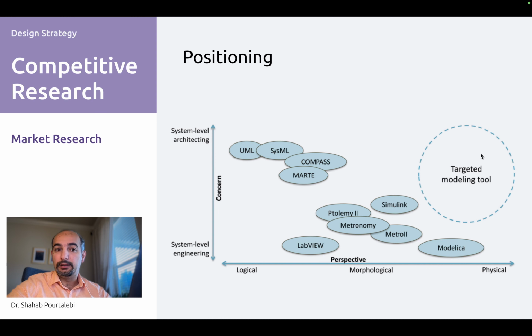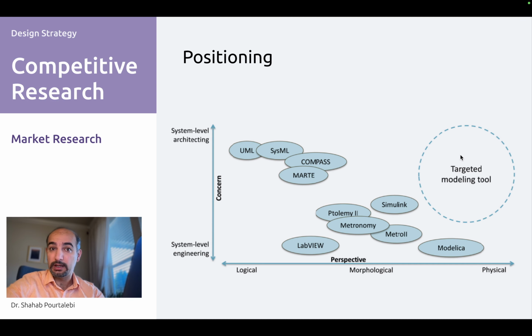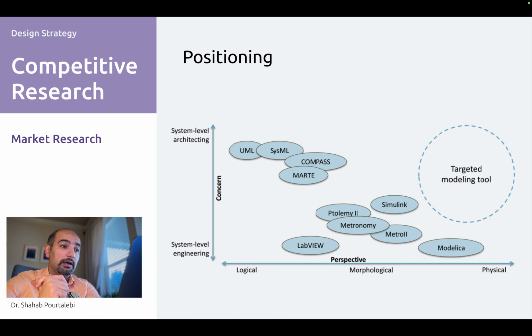So, a unique user requirement that we had not addressed at that moment. So we targeted that market segment. This is how positioning works. The principle is that first of all, find the attributes that you think would be important for your users to satisfy.